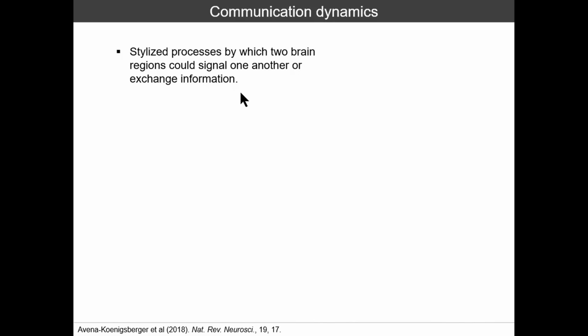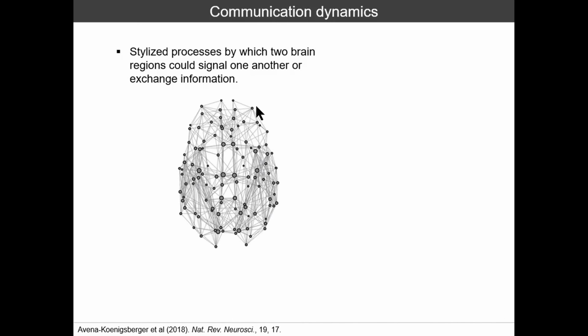Communication dynamics is some set of stylized processes, some policies by which different areas in the brain could talk to one another or exchange information. So here is our structural connectome. Imagine there's some source node in the brain, some place where some signal is emanating, and there's a target. These two areas maybe want to talk to one another.